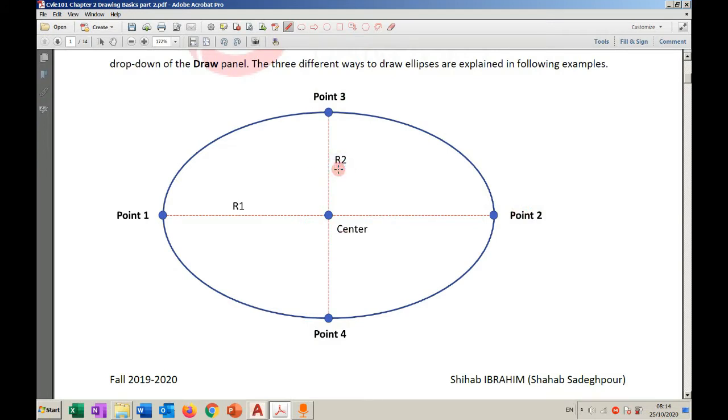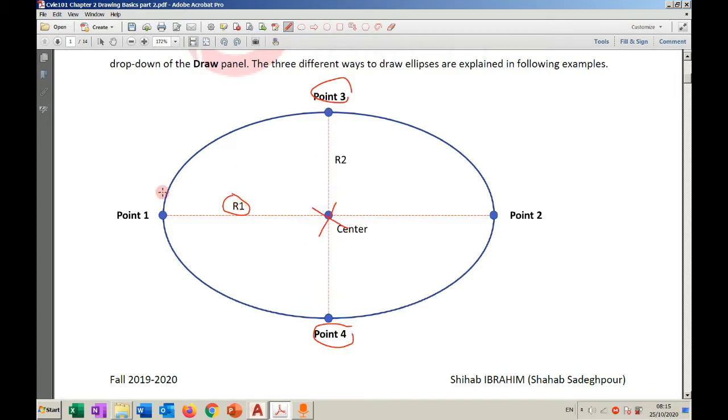there are some other things that we can do. We can choose 2 points on one axis and the distance on the other axis. Remember, 2 points on one axis, distance on the other axis. This is also possible. Look, the idea is we're not going to use the center at all.